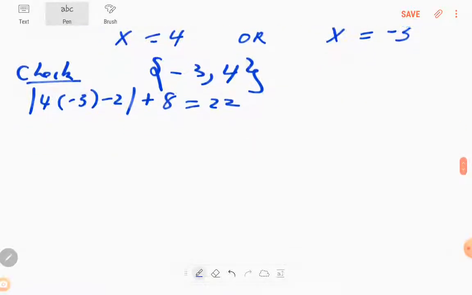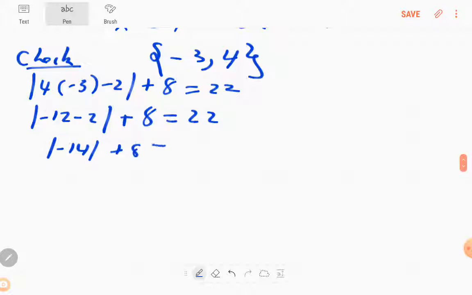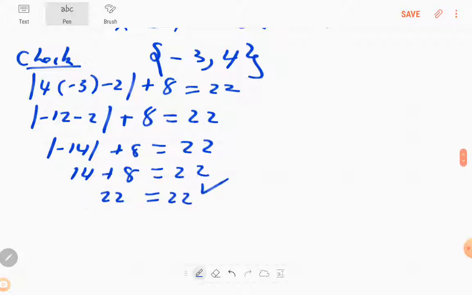We have 4 times negative 3, that's negative 12, minus 2, plus 8, is that equal to 22? So we have the absolute value of minus 14, plus 8. So this gives us 14 plus 8, and 14 plus 8 is 22. So this checks off. And I'll leave the next one for you to check. Okay.